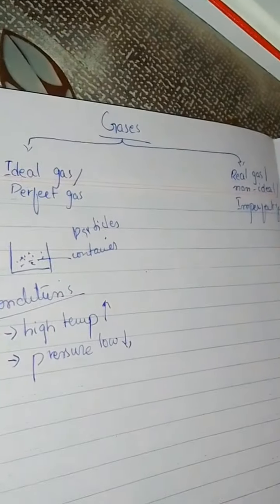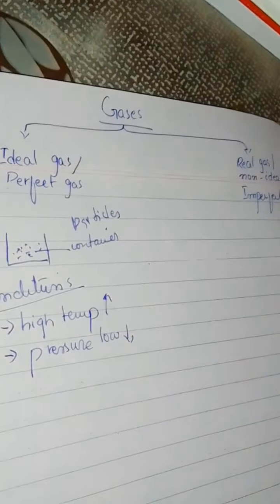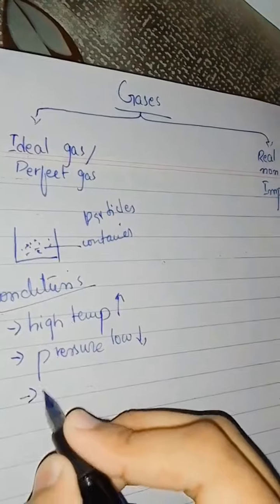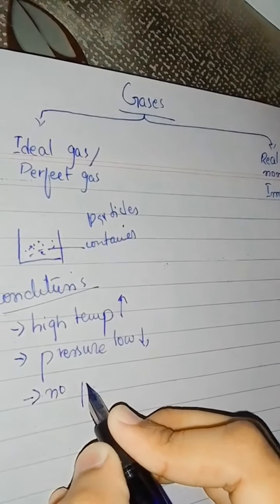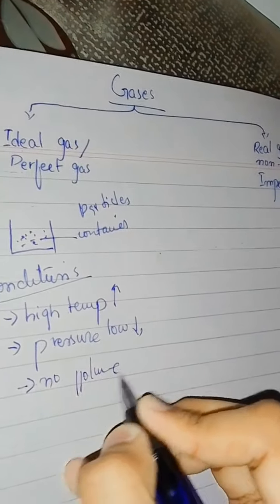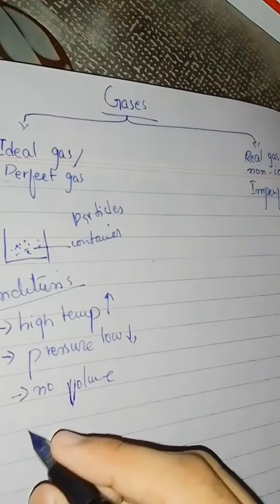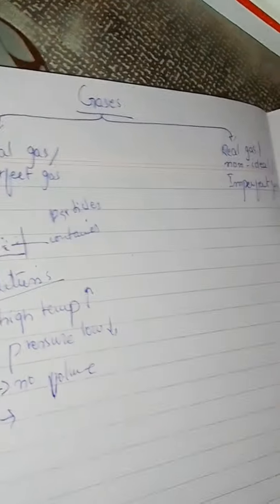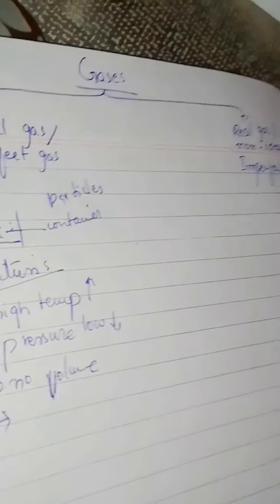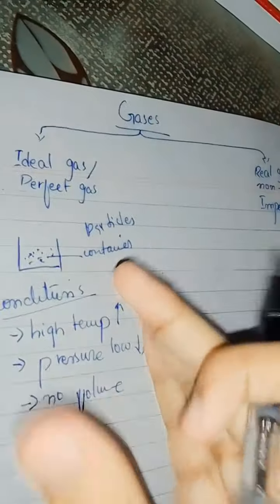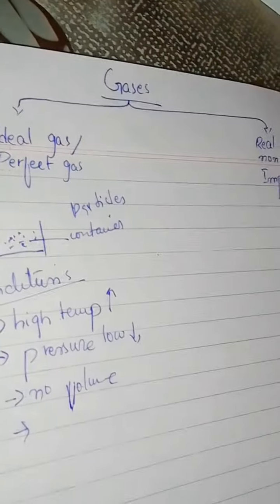When we give a high temperature and the pressure is low, there will be no volume. When we give a high temperature, the particles will move far apart from each other.